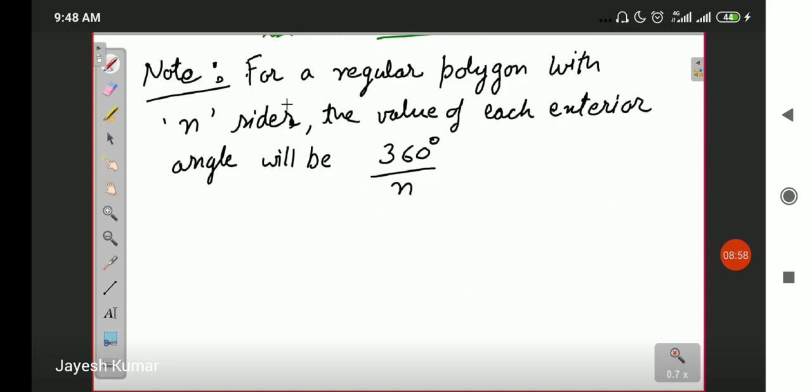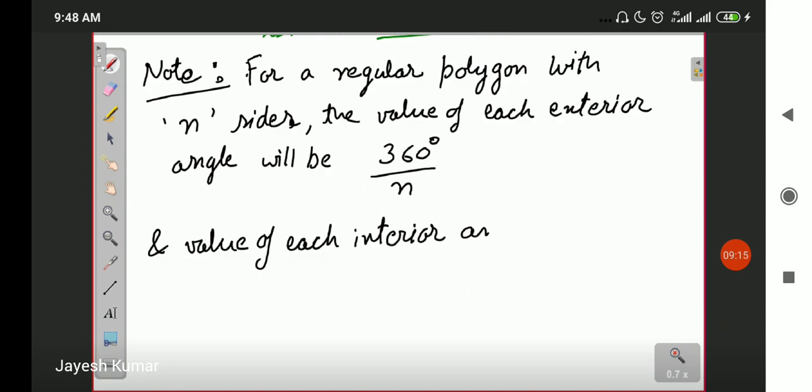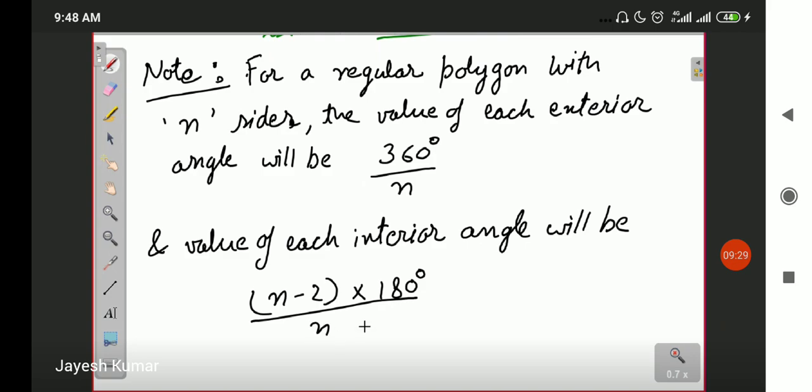Okay, although we have already discussed what the value of each interior angle will be, I will write it down once again. The value of each interior angle will be (n minus 2) into 180 degrees upon n.